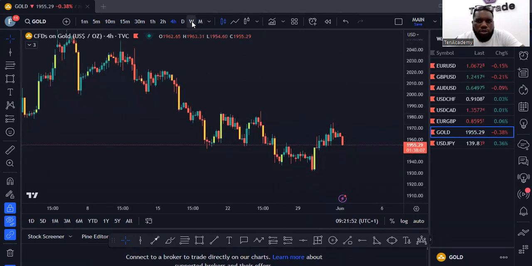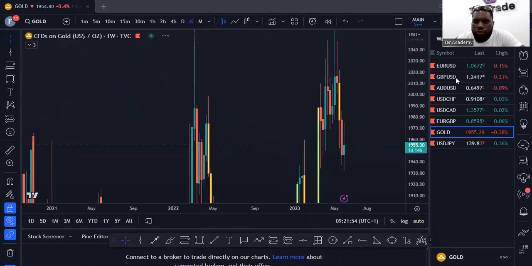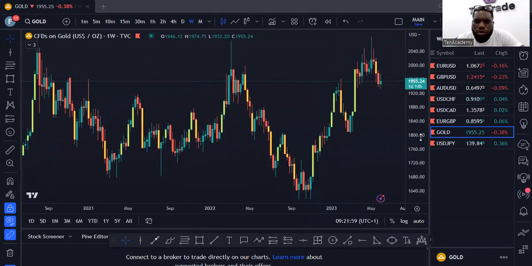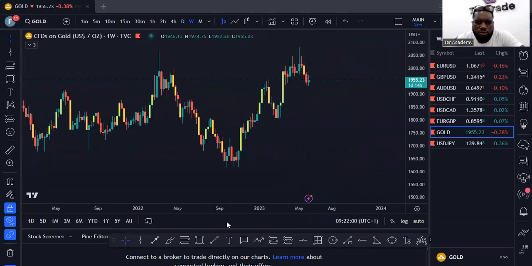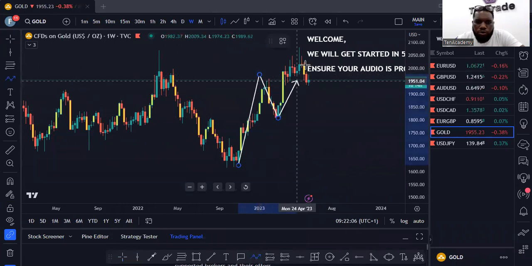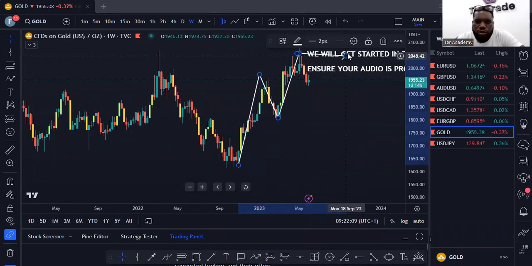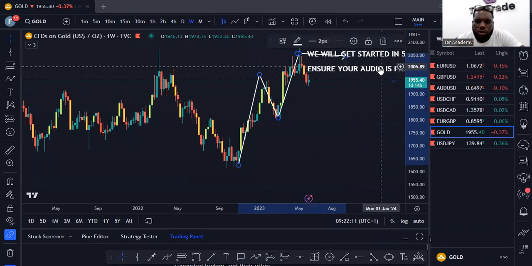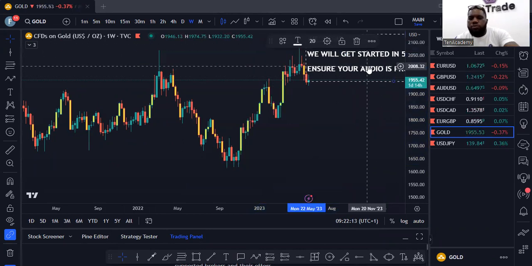So on gold, we said on the weekly time frame, we can see that gold is, look at this internal structure here. Give me a second. All right, this is gold. And what do we see going on gold right here? Price is ultimately bullish, isn't it?